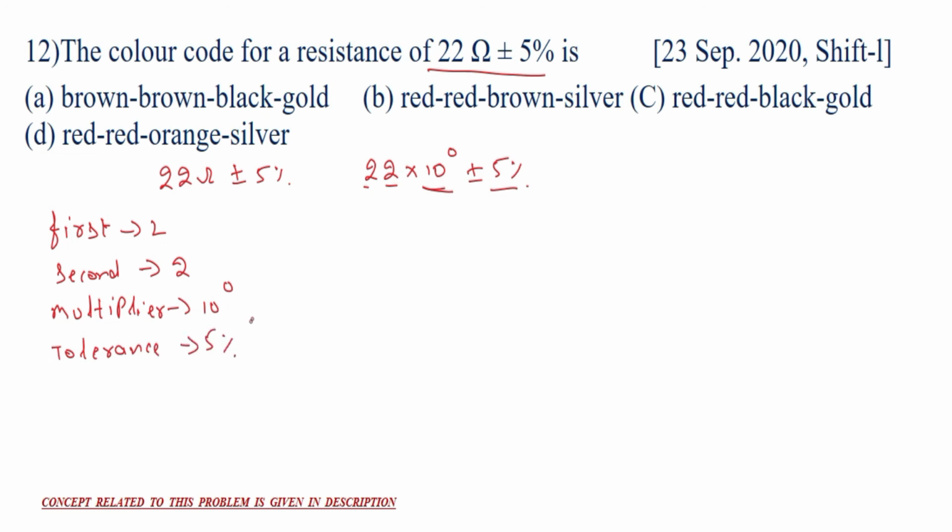If you see the color code chart, the color corresponding to the first digit 2 is red. The color corresponding to the second digit, that is 2, is again red. The color corresponding to multiplier 10 power 0 is black. And the color corresponding to tolerance of 5% will be gold. So the color code for my resistor will be red, red, black and gold.